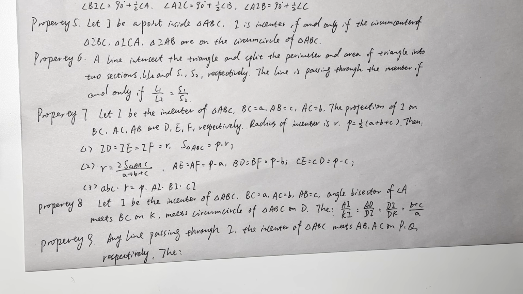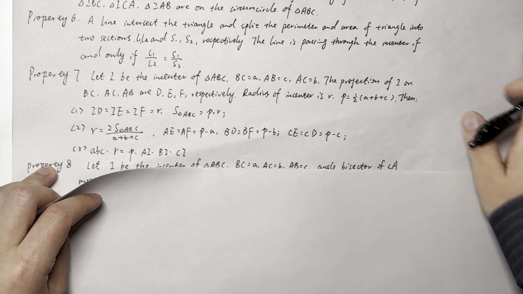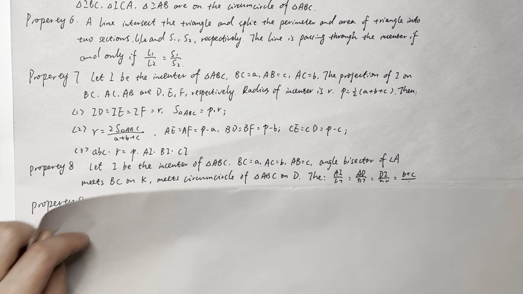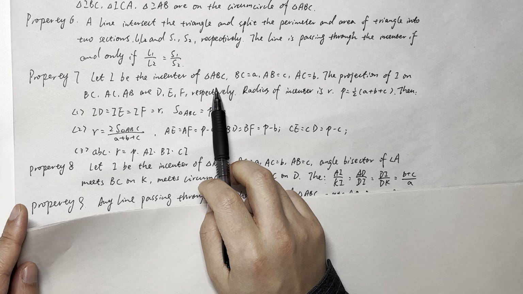Let's see the next one. Property 7 is saying that let I be the incenter of triangle ABC.